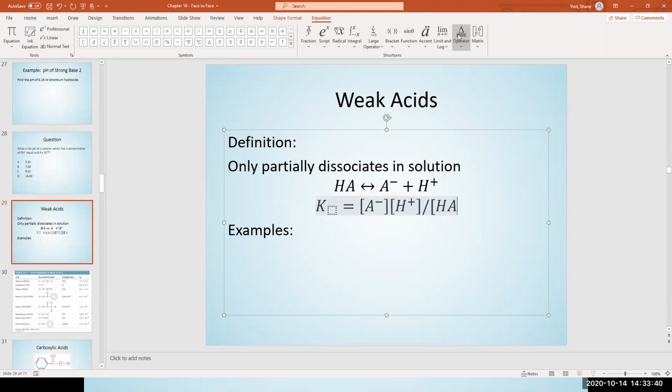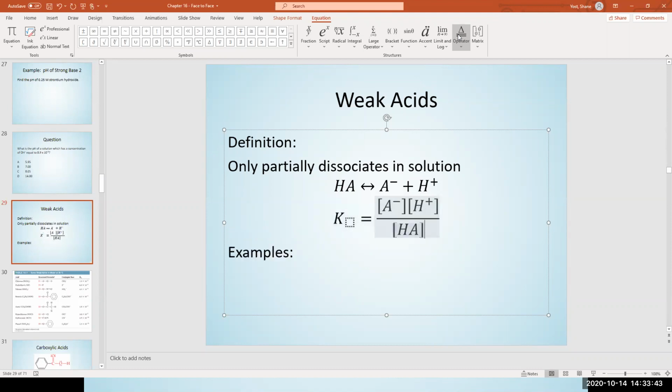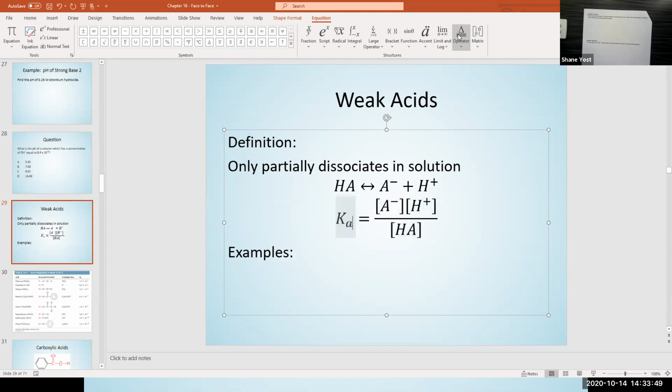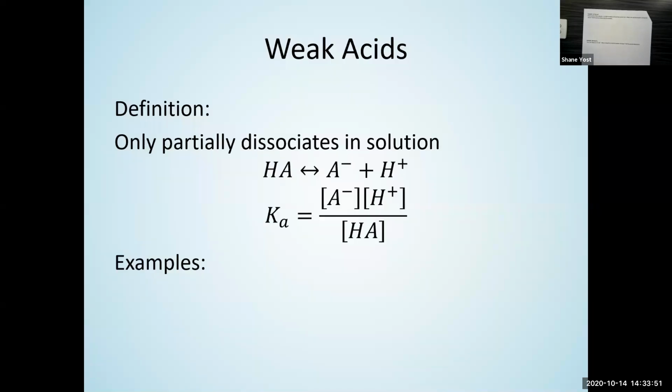Yep, that is the equilibrium constant for this reaction. And since it's an equilibrium reaction for a weak acid, we call it Ka. So that little a is just telling us this is a weak acid dissociation equilibrium. It's just an equilibrium constant K.